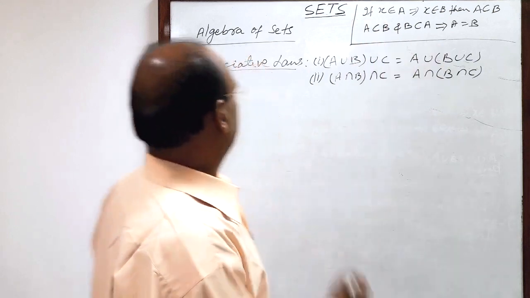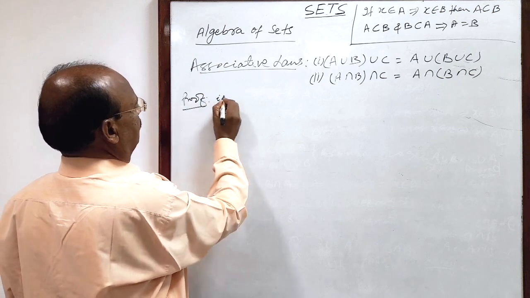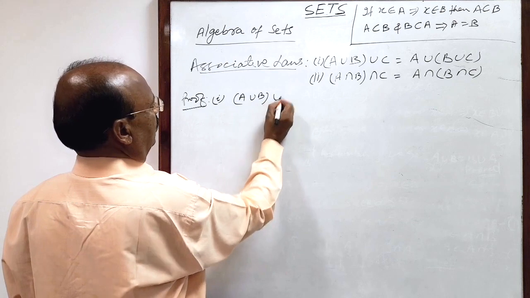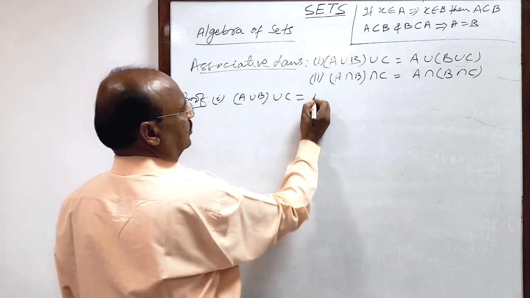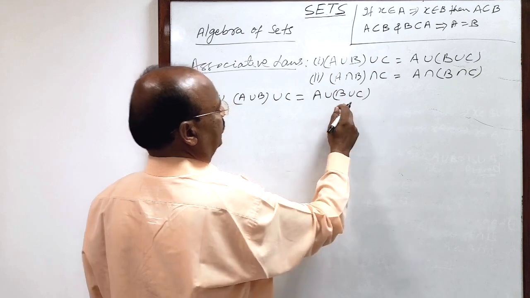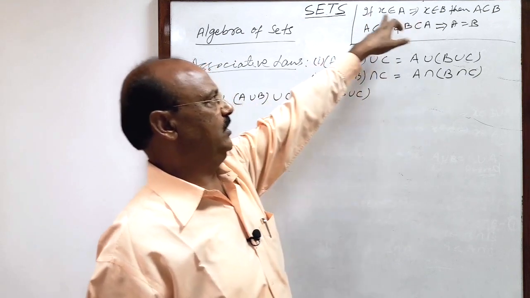Okay, so now let us see the proof of the first law, which is (A union B) union C is equal to A union (B union C). Here B union C is in a bracket. So now let us use this property here.